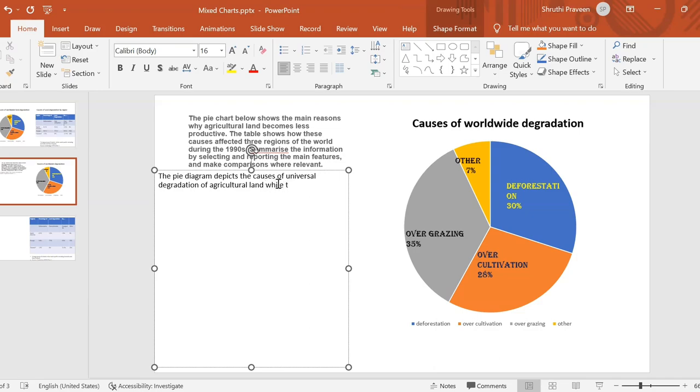While the table shows how these causes affected 3 regions of the world during the 1990s. Okay, while the table illustrates, maybe I can write 3 regions of the world during the 1990s. I can write region-wise damage of the same.